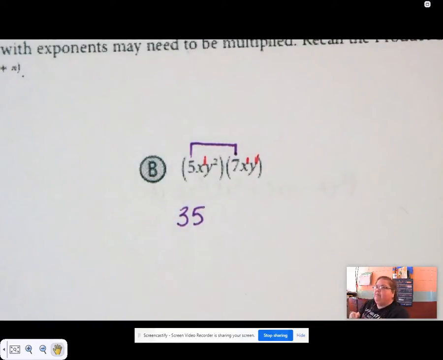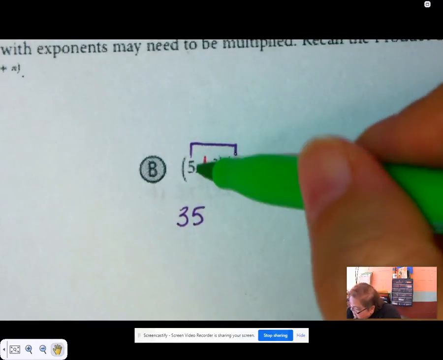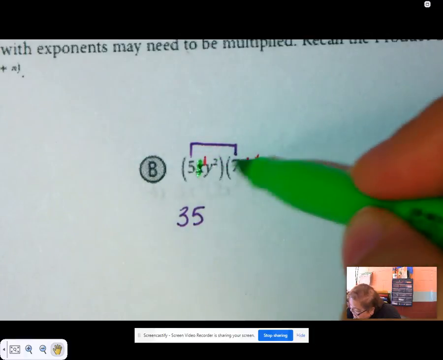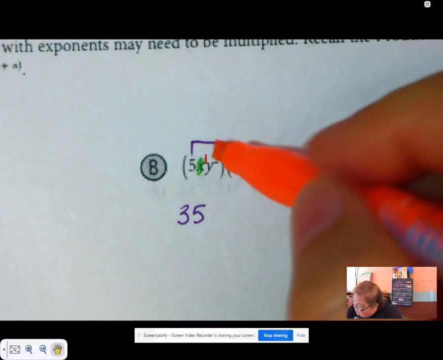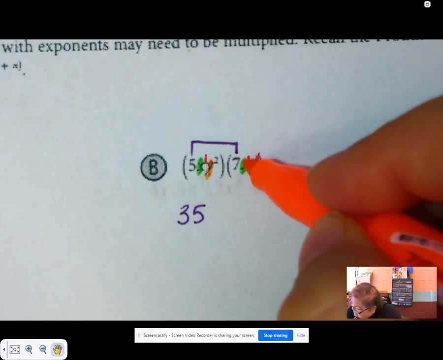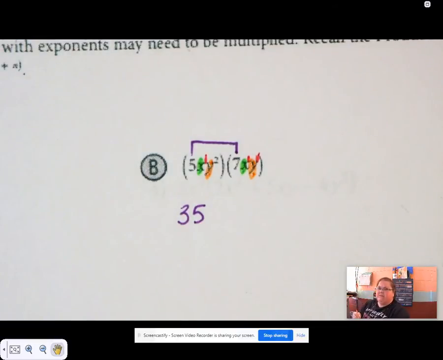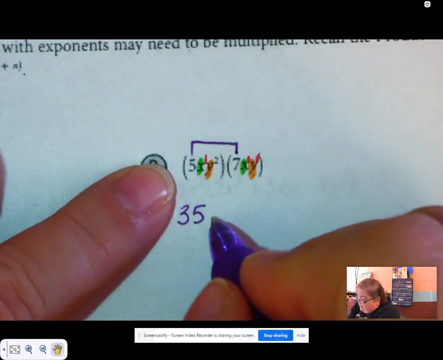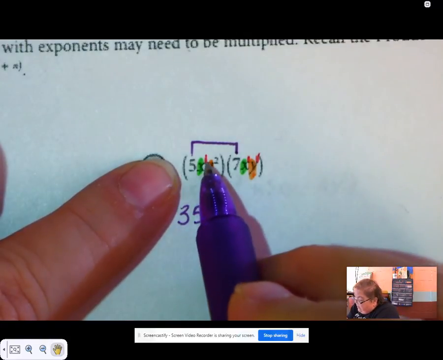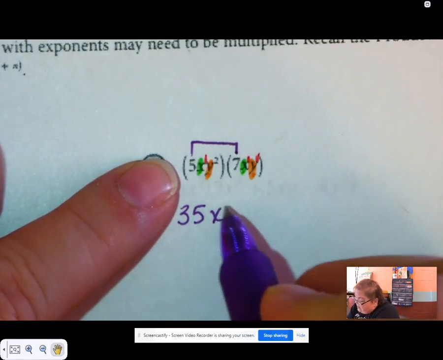Now here are my like bases. X. Those are like bases. And Y's are like bases. So now, 35, x to the what power? 2nd power.